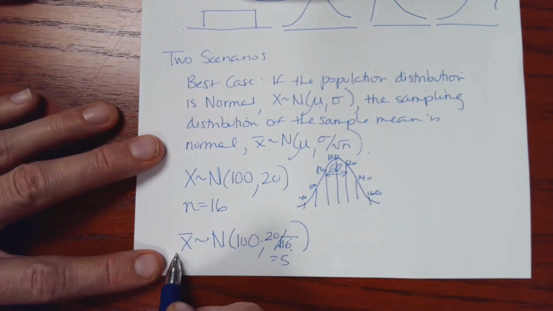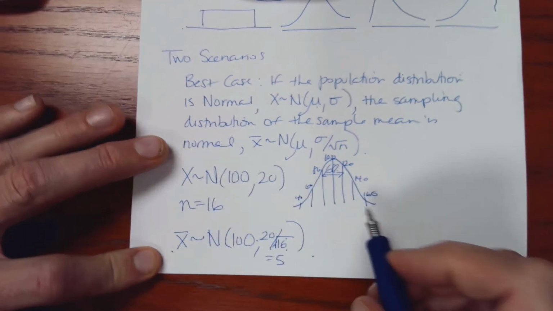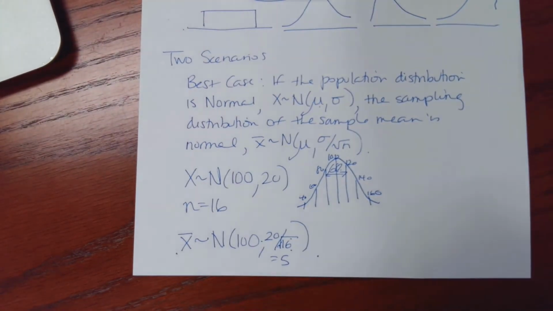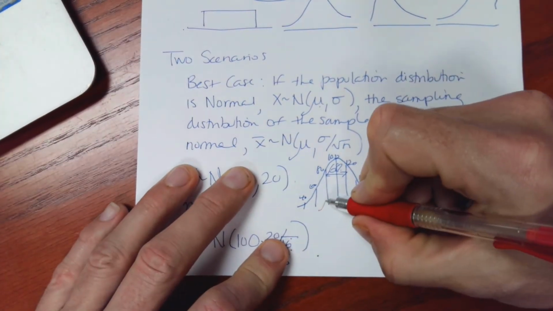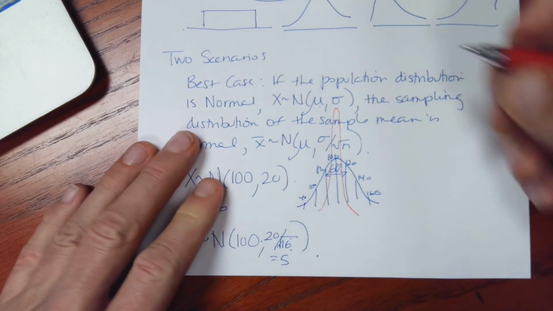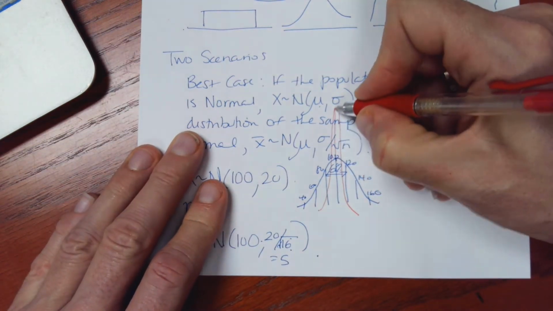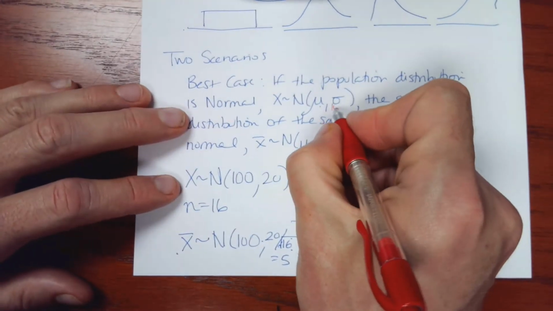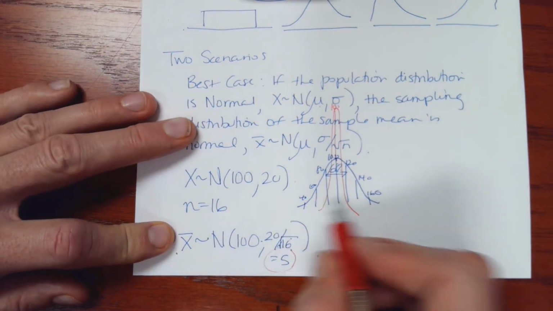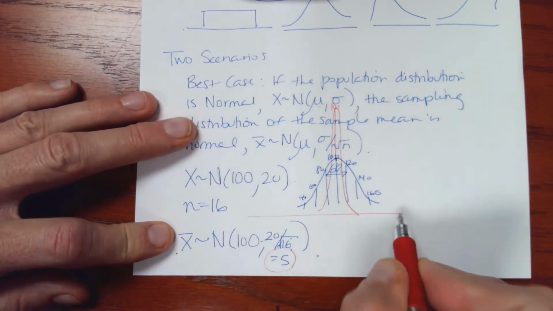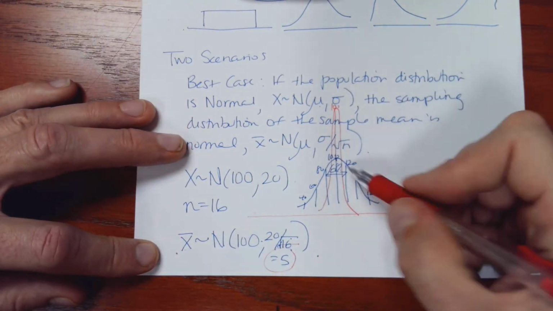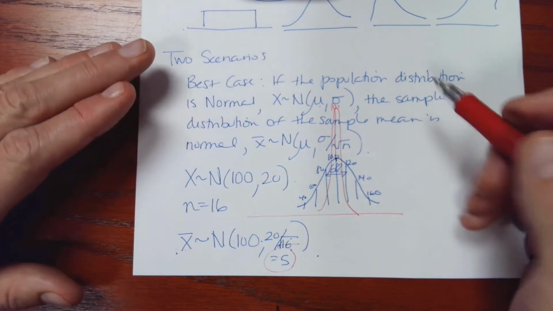Now, the sampling distribution of the sample mean has the same center, but it's going to be a lot skinnier and taller because the standard deviation is so much smaller. So it's still centered at 100, but the standard deviations are just 5. So just know that if you were to draw them on the same scale, this distribution is still bell-shaped, but it would be a little bit more compact.